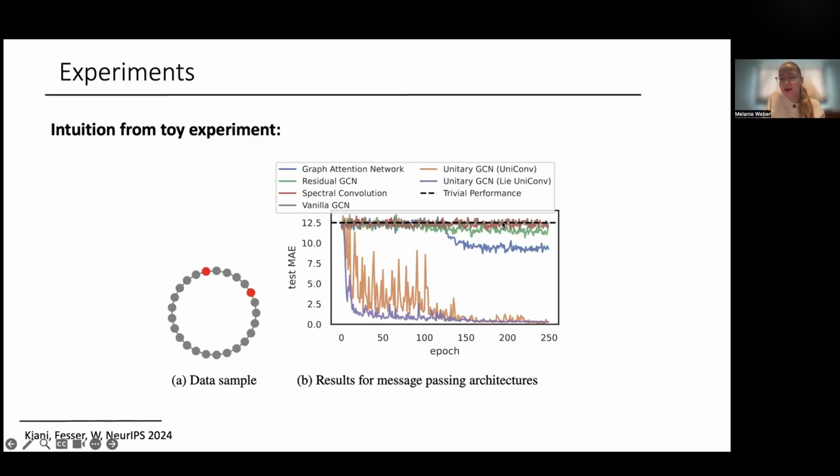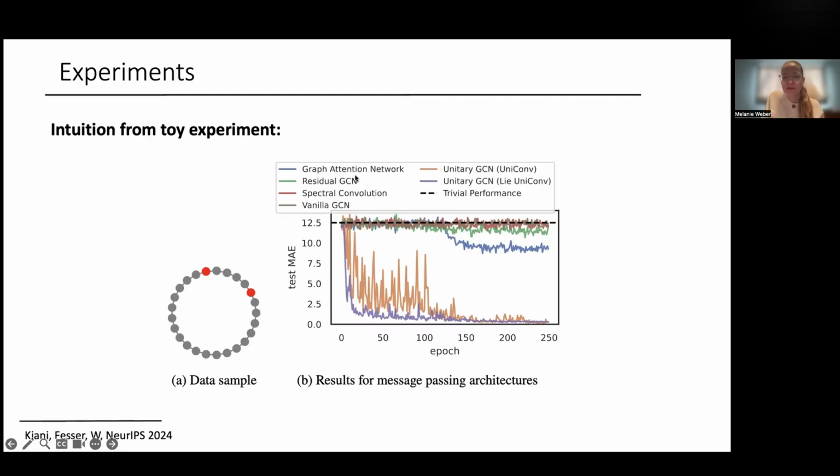And the dotted line here on top is the trivial performance. So this is basically if the model would just randomly guess. And you see that, as we would expect from the theory, many standard graph neural networks that are often based on some graph convolution do very poorly here.